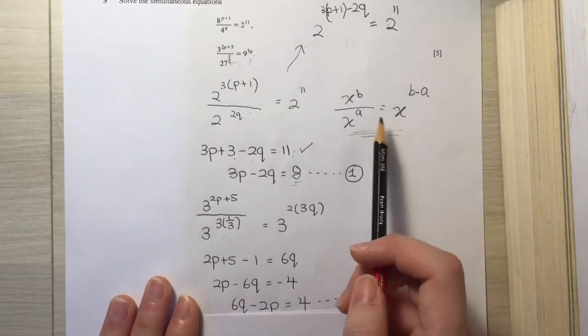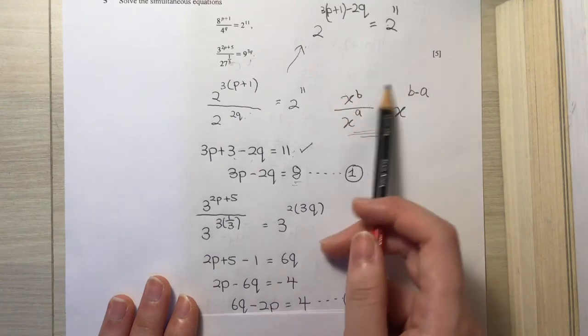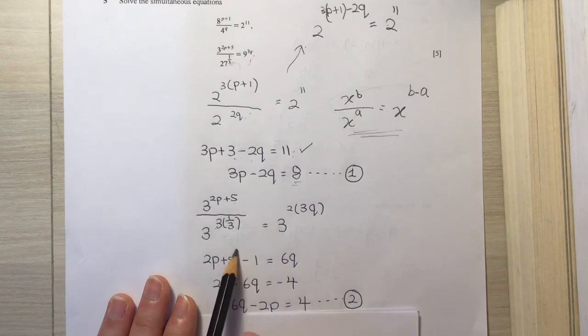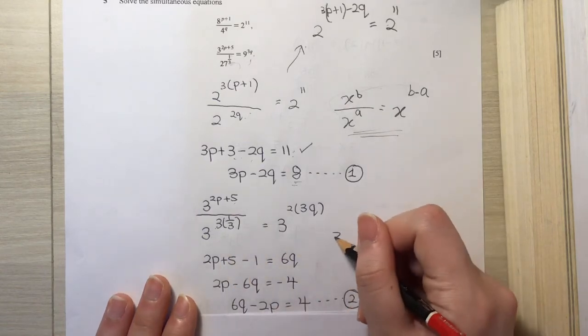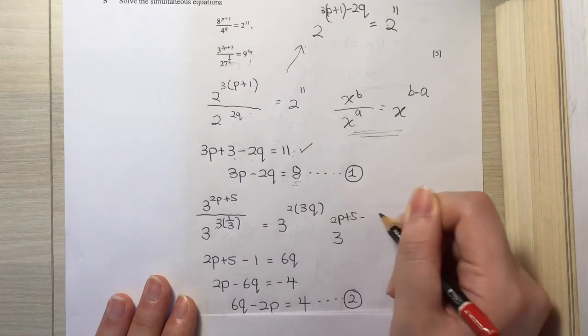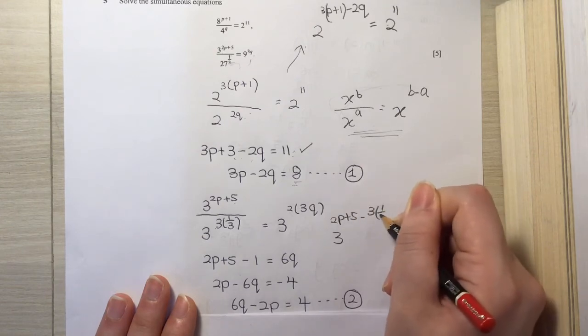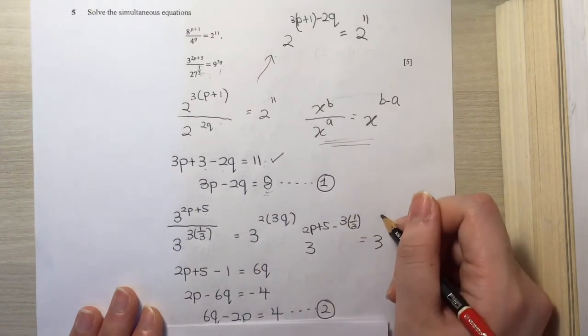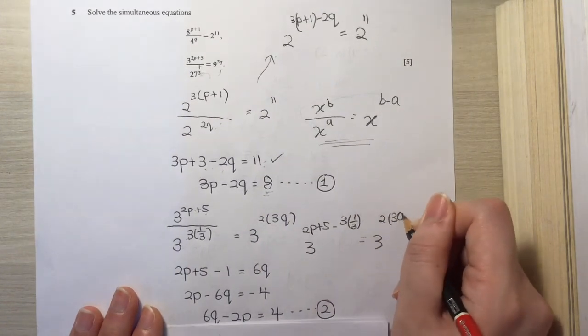The process is the same based on this law of indices, so you can change it to the form of 3 to the power of 2p plus 5 minus 3 multiplied by 1 over 3, and that's directly equal to 3 to the power of 2 multiplied by 3q.